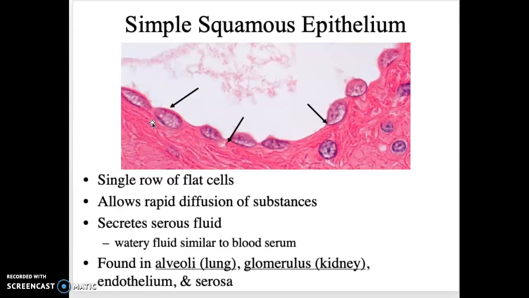So simple squamous, we know is simple because there's just one layer of cells here, and it's squamous because they're squished. This allows rapid diffusion to happen, so things can pass through this really quickly. Here you find this in the lungs, kidney, the endothelium, and the serosa.